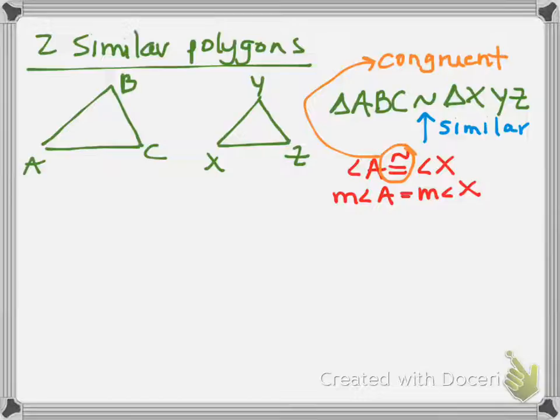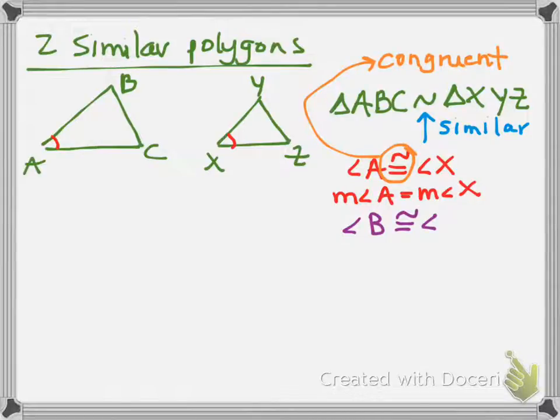Okay. Now another way that I can symbolize that those angles are congruent is I can make a little arc. So angle A and angle X are congruent because they have the same number of arcs coming out of them. Okay. I can also say that angle B would be congruent to which angle on the other side?